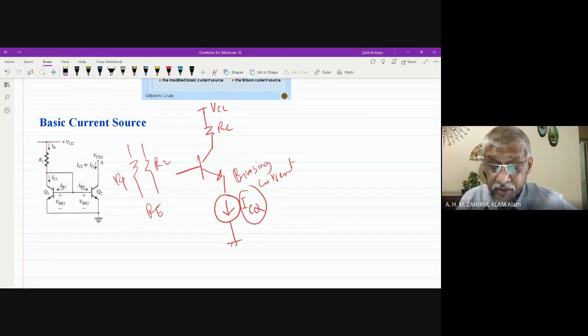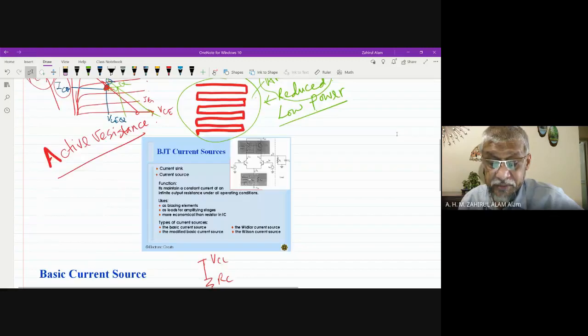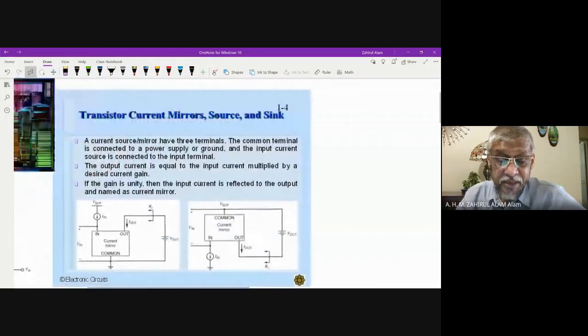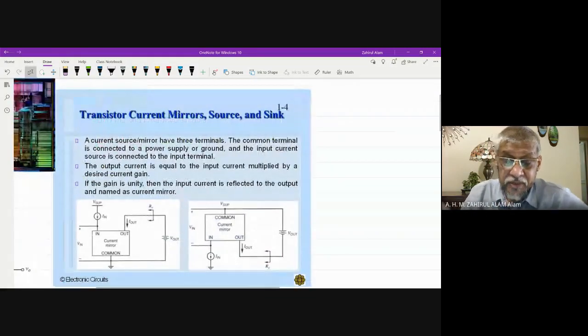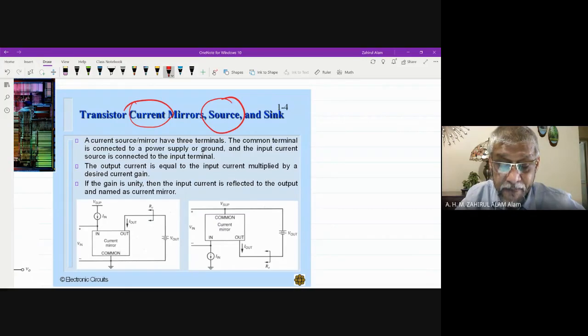Because we can generate this current source very easily, that is why in integrated circuit biasing we need to design a current source in the integrated circuit for the biasing network. So now, as I mentioned, we need the current source for integrated circuit biasing.